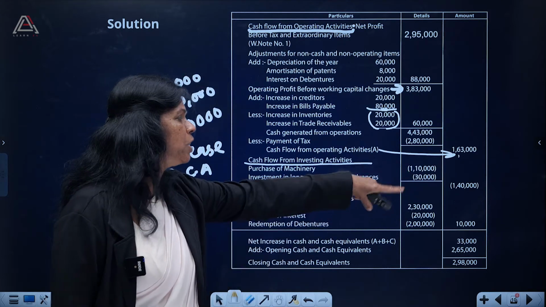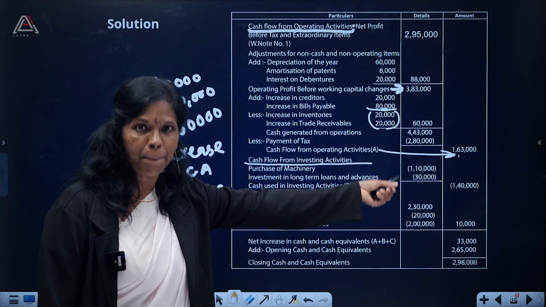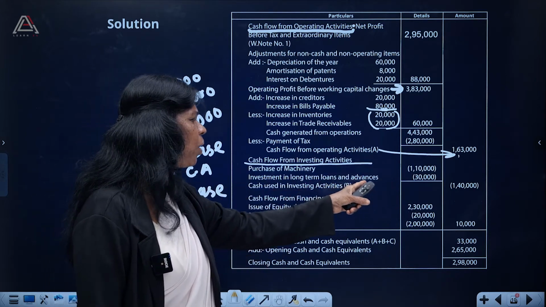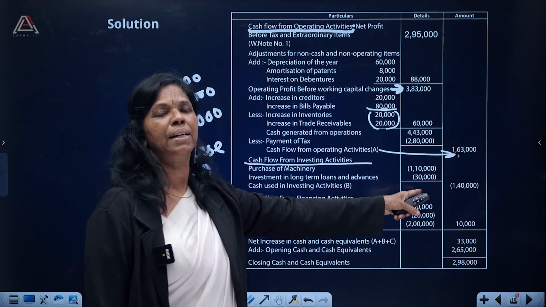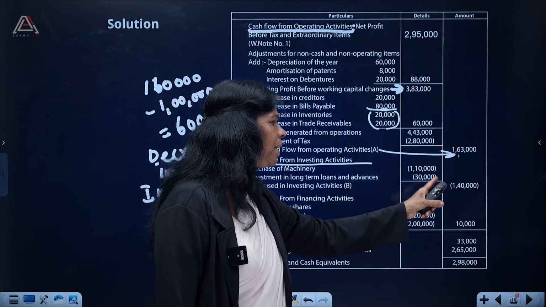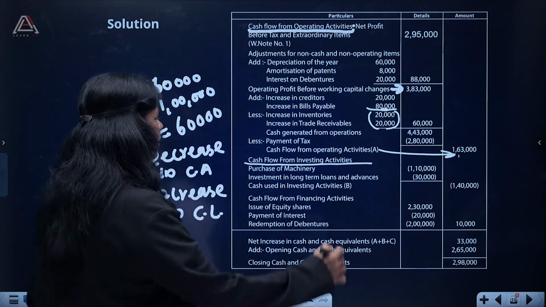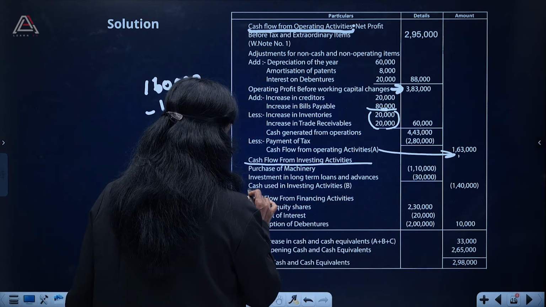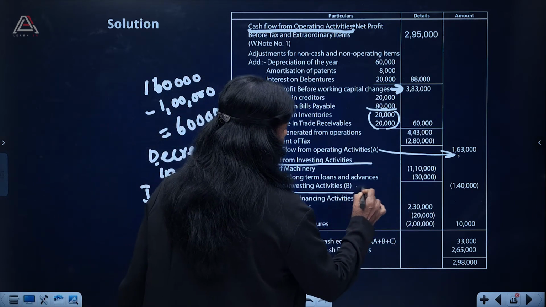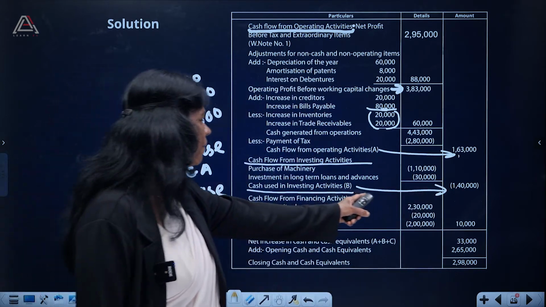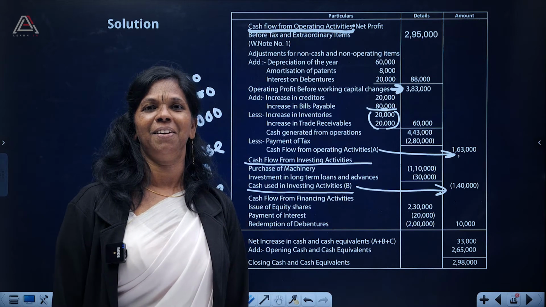Do you know why it is put in bracket? Since it is an application of fund, we have to minus this figure. Then investment in long time loans and advances 30,000. Then total, that is 1,40,000. This is minus figure. So, this is the next category, cash used in investing activity.